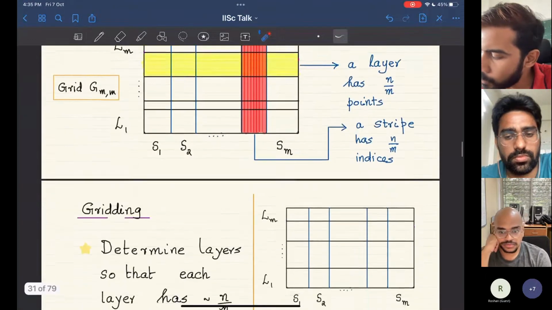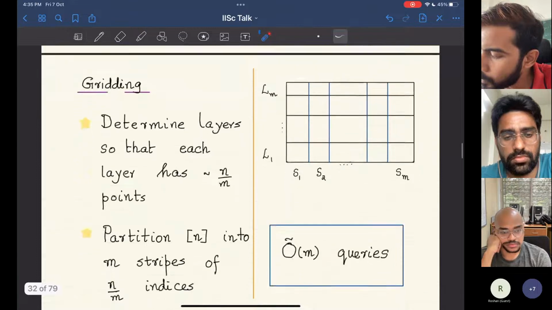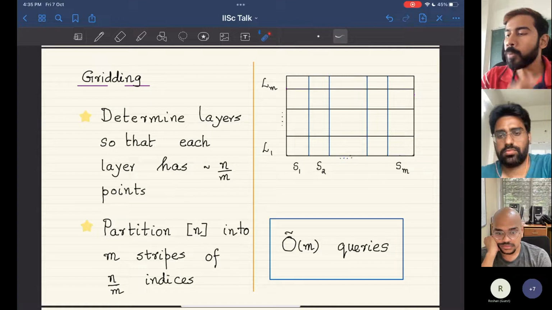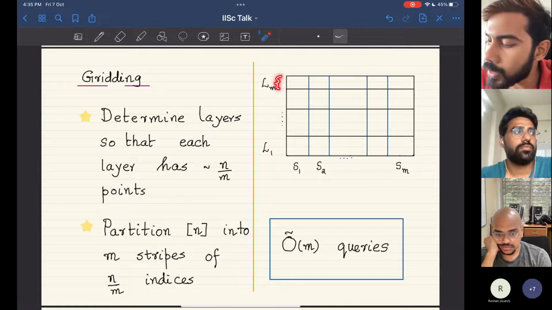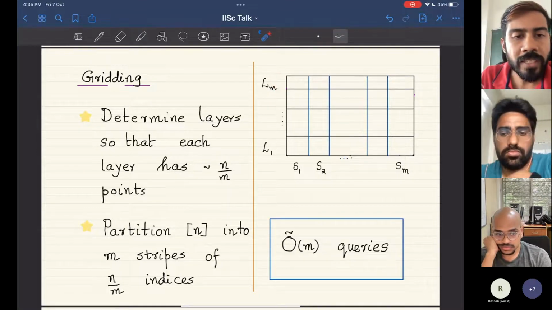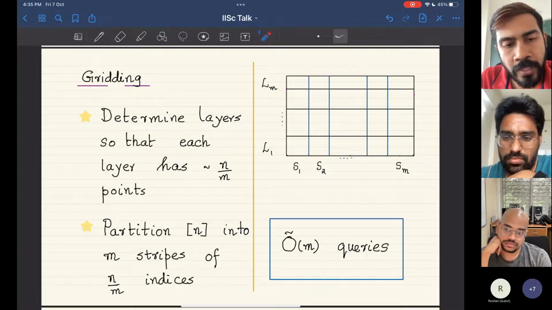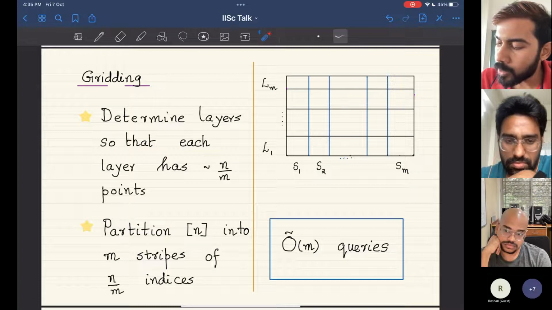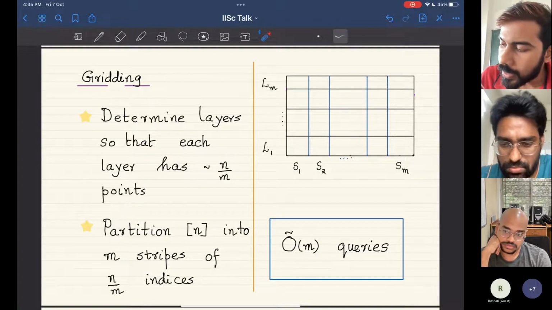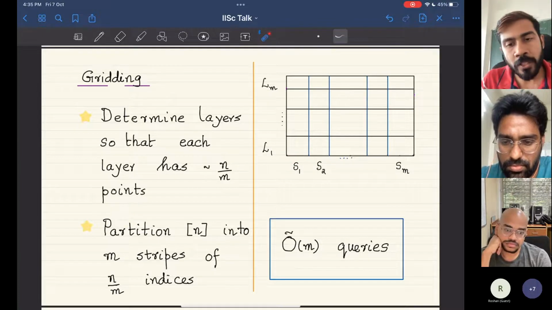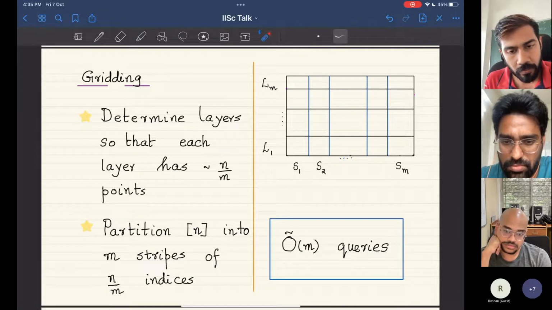This stage is called gridding. I determine these intervals that I call layers, where each horizontal layer has roughly n over m points. And I also partition, without making any queries, this index set into subarrays of length n over m each. And I promise you that I can do this with O tilde m queries.